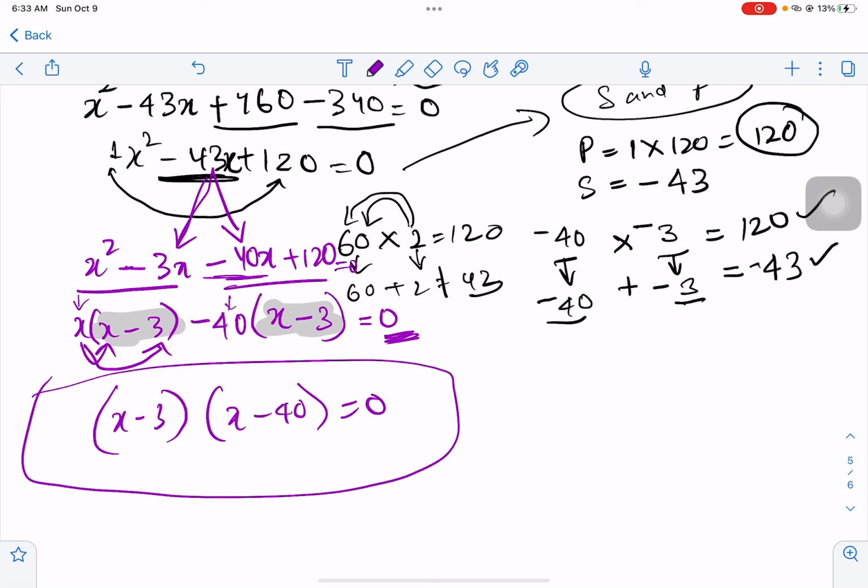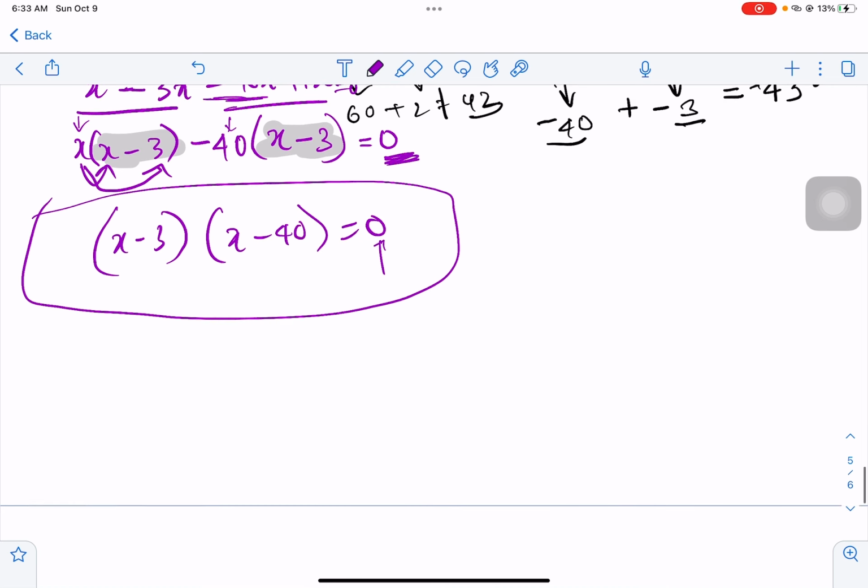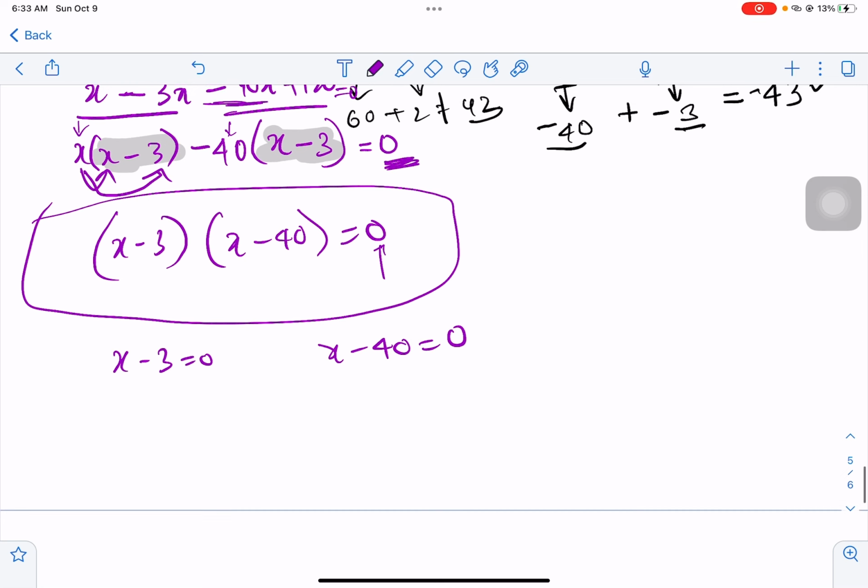Now this is the key point, because on the right hand side you have 0. So you can directly take x minus 3 equals 0 and x minus 40 equals 0. So x equals positive 3 and x equals positive 40. Now which one is correct?